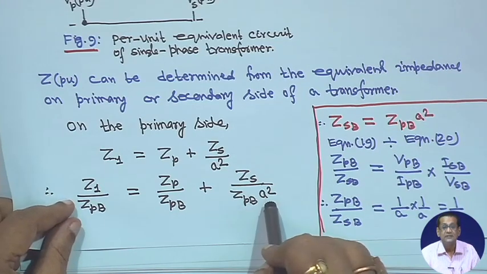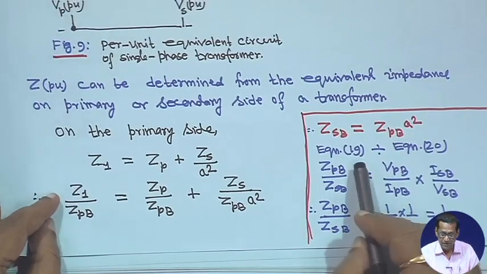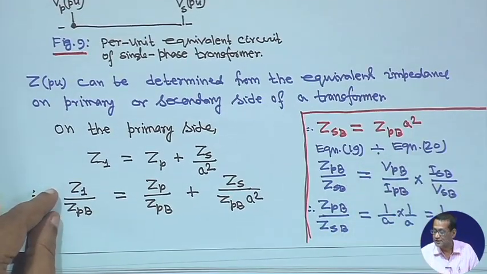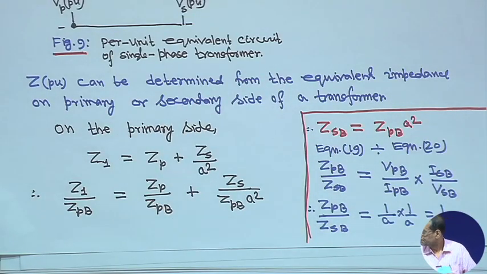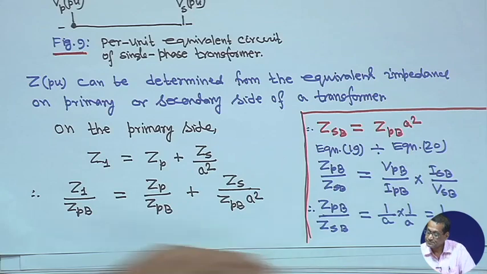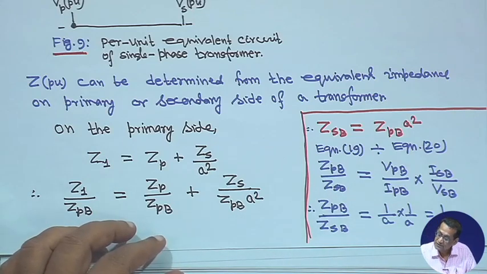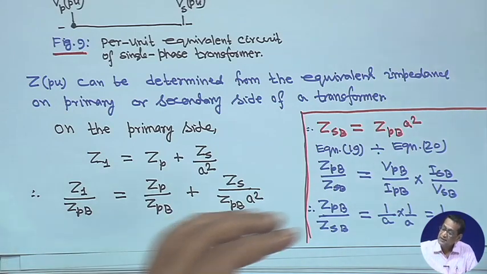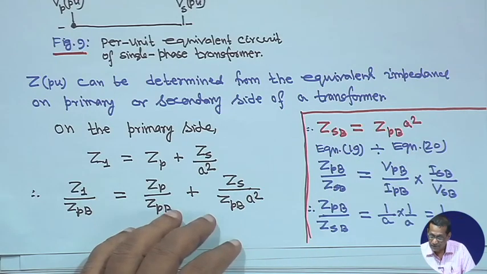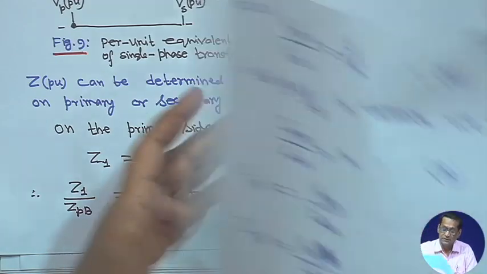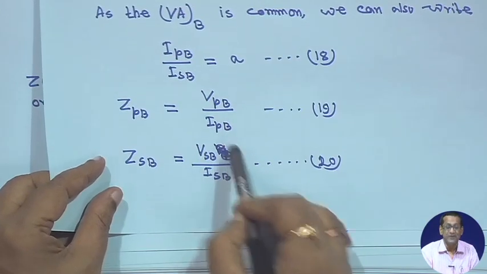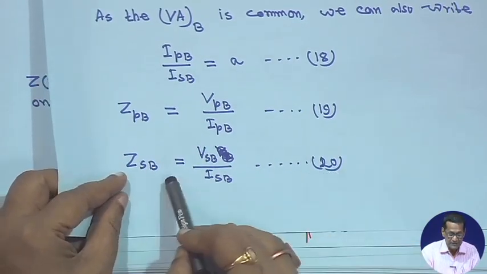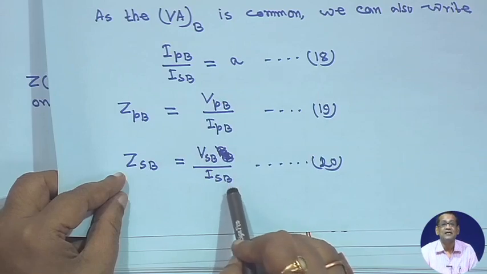Now, this ZPB into a square is actually ZSB, because we have made it in equations 19 and 20. So, equation 19 is ZPB is equal to VPB upon IPB, and equation 20 is ZSB is equal to VSB upon ISB.